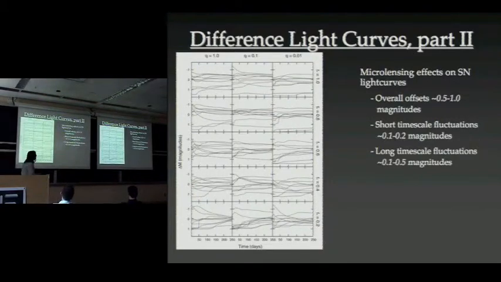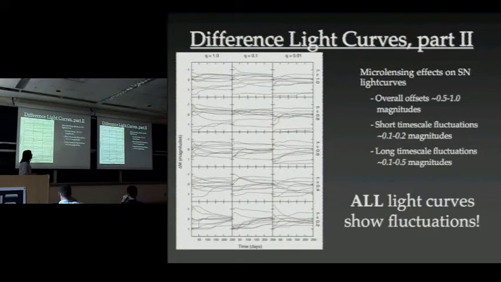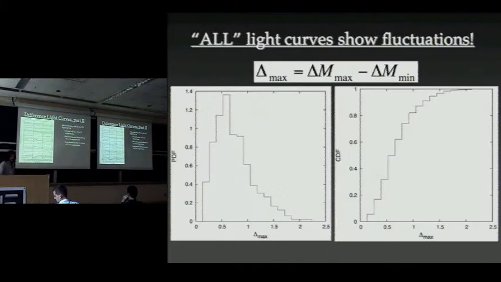Okay, and now here we're varying the mass ratio in the mass function for your stars, and also your stellar mass fraction. Basically, you see those same features that we were seeing before for all values of F star and Q. That is, all light curves show fluctuations.